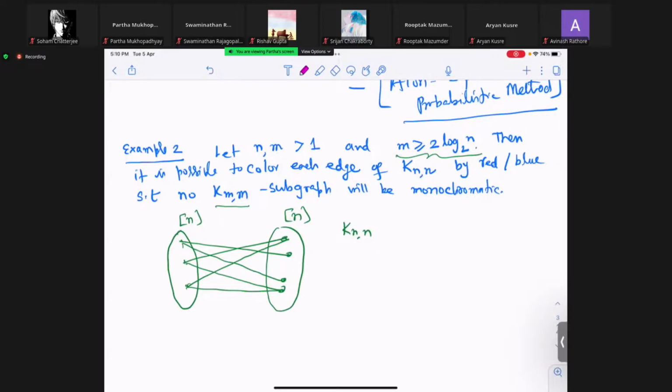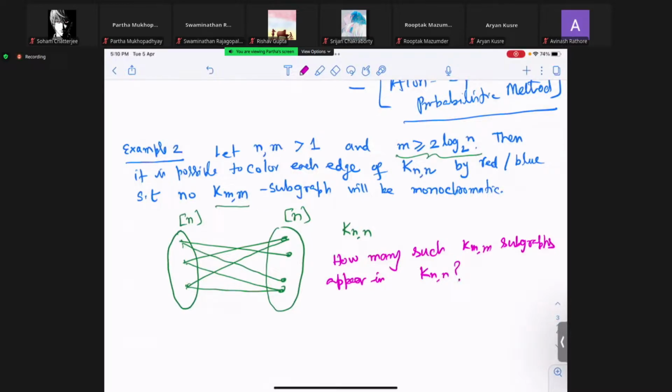Right. So first thing that you should notice is how many such K_{m,m} subgraphs appear in K_{n,n}.